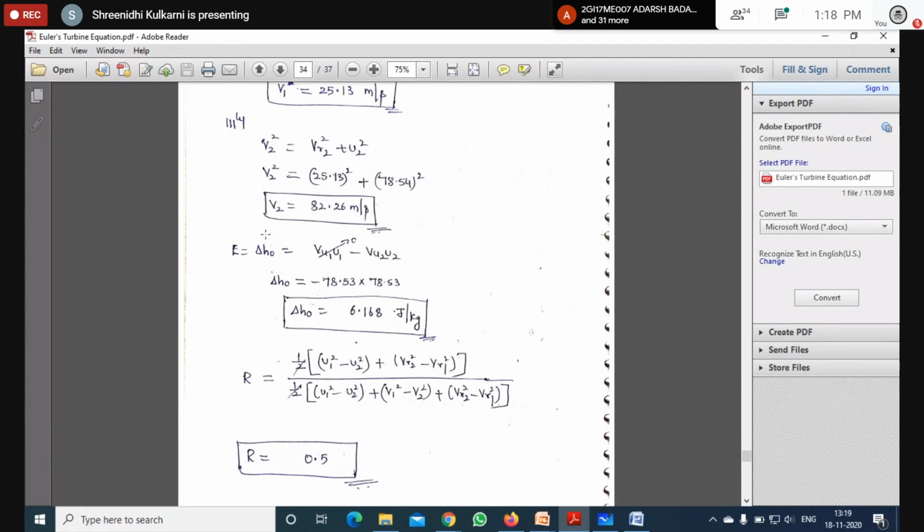So then E is equal to, find the value. I think you will get a negative value here.